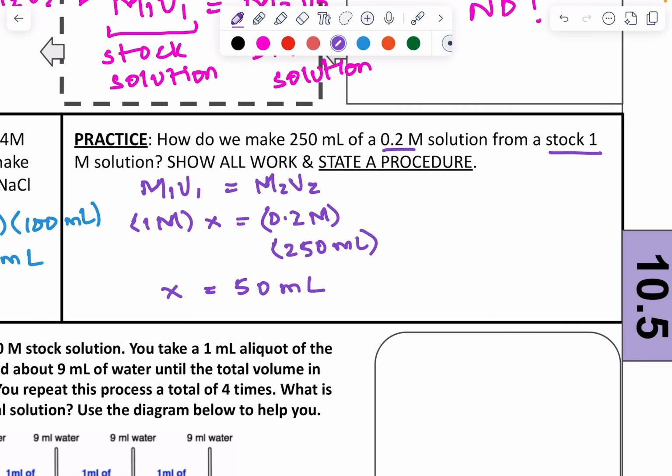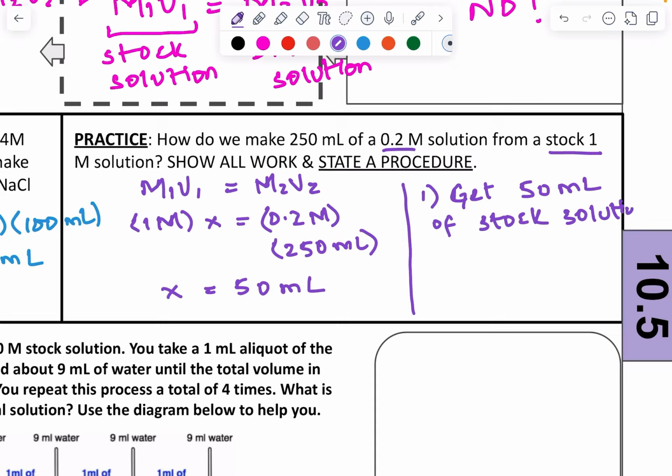So that means when we are making this, because the question is also asking to state a procedure, we are going to get 50 milliliters of the stock solution and mix with enough water to make 100 milliliter solution.